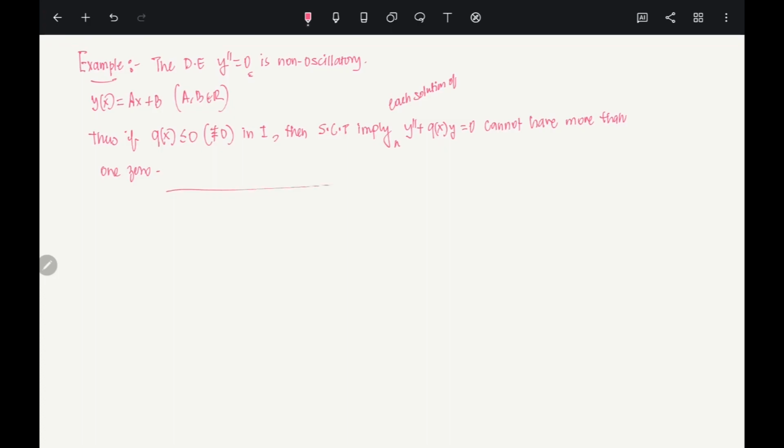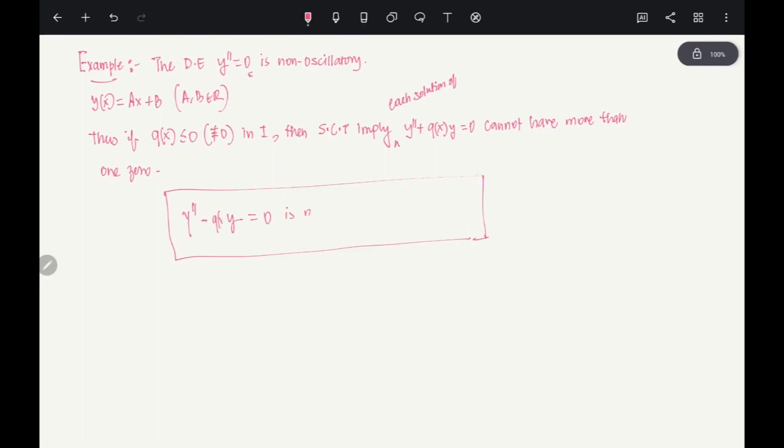Please remember, let me put it this way. A very important result: y double prime plus q(x) y equals 0, for example with q being x squared, is non-oscillatory, or I can take it to be p, doesn't matter.